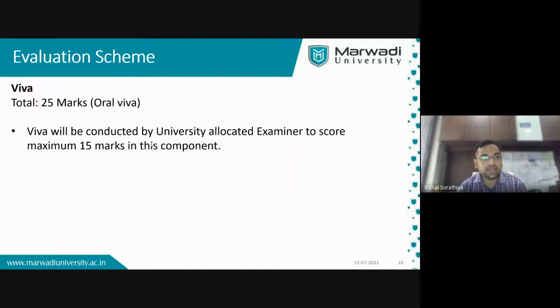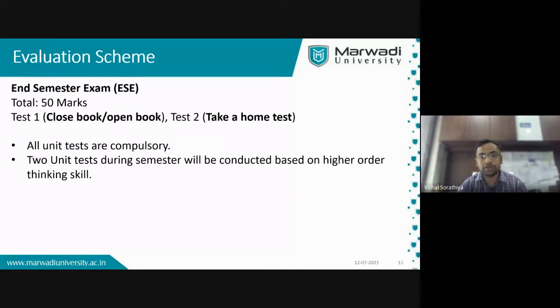The last topic that we have is the end semester exam. Last semester, we took 2 exams. The first exam is a closed book or open book test, and the other is a take home test. We are going to take 2 exams, and the average of both of them we will map to 50 marks. The first exam will be closed book or open book, depending on the nature of delivery of content.